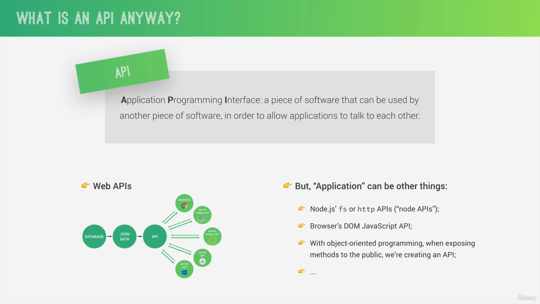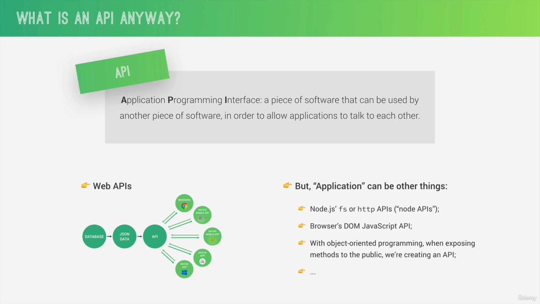We can say that they are small pieces of software and we can interact with them by using their API. So for example, when we use the read file function from the FS module, we are actually using the FS API. And that's why you will sometimes hear the term Node APIs. And that usually simply refers to the core Node modules that we can interact with.